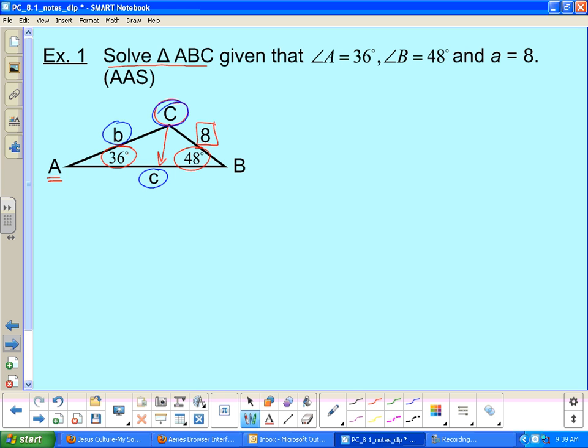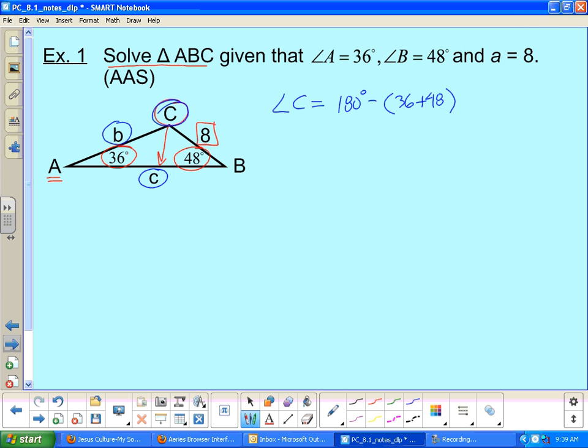One of those is easiest to find without really having to do any work. Which one? Angle C. Because I know that all the angles of a triangle add up to 180, angle C would have to be 180 minus the sum of the two angles that I have. So we can say 180 minus 36 plus 48.